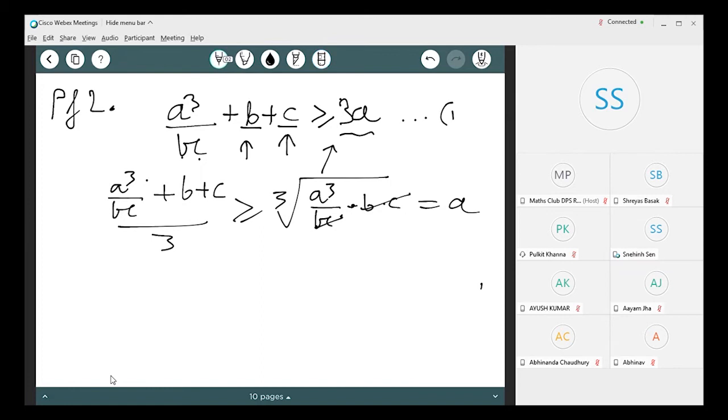This is just part of one, and we can also do this with B cube by CA.